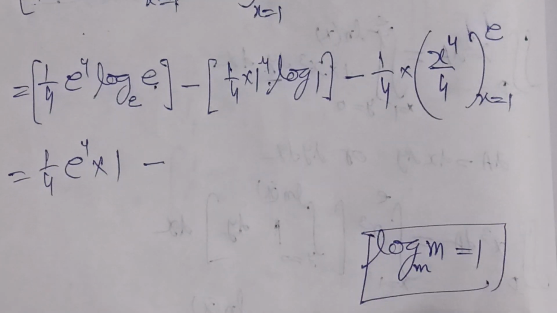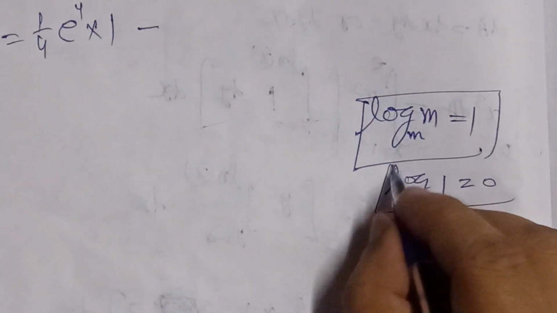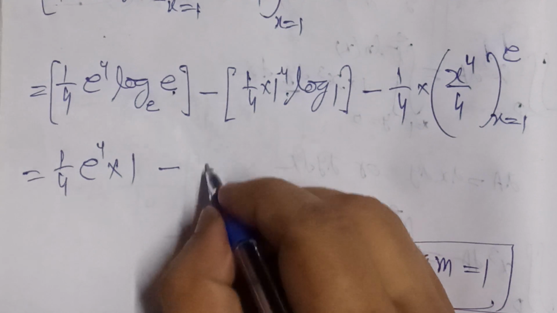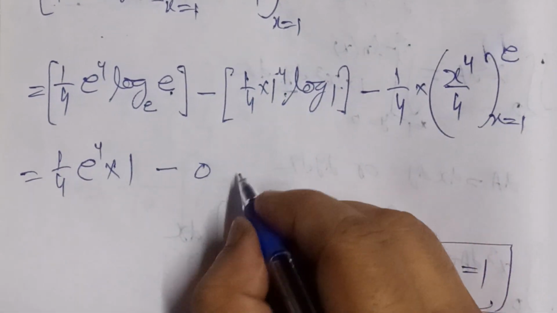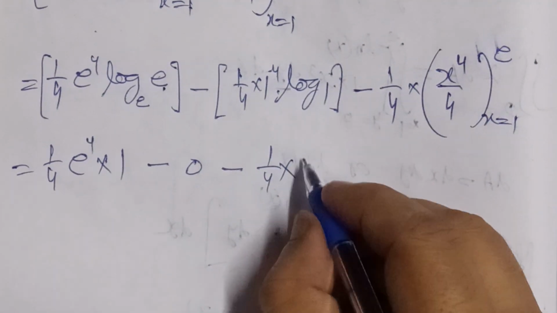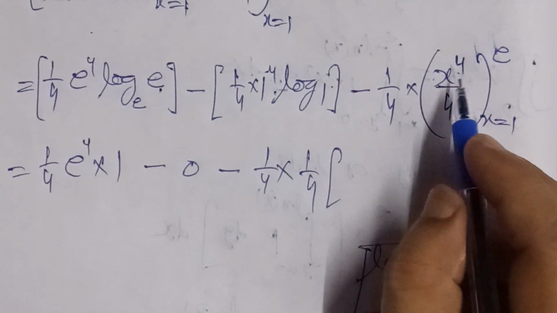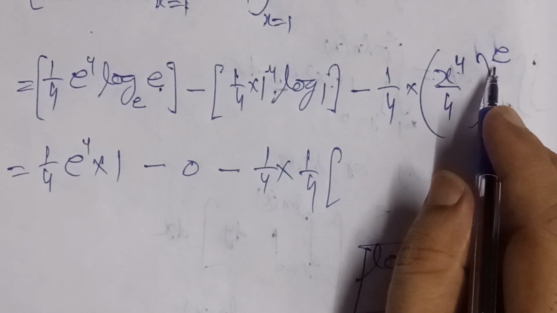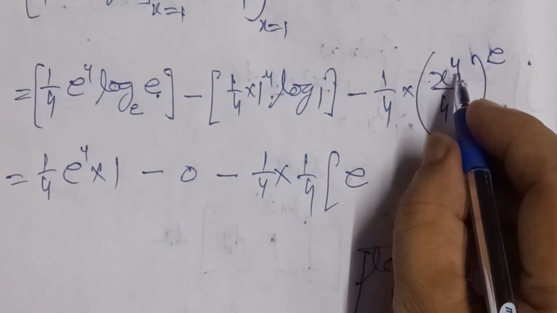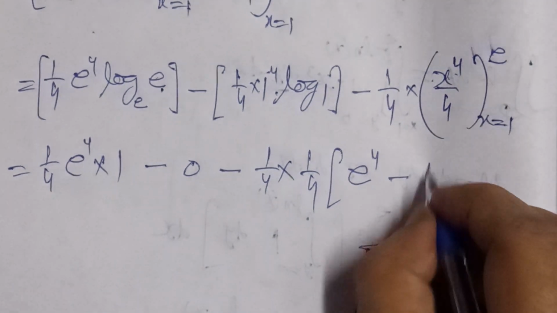We know that log 1 is equal to 0, so this term becomes 0 when multiplied, minus 1 upon 4. Take 1 by 4 from the bracket and apply upper limit minus lower limit: put x equal to e for the upper limit, and for the lower limit put x equal to 1.